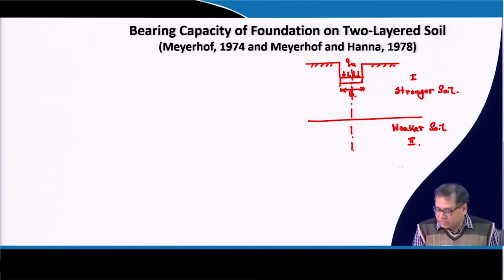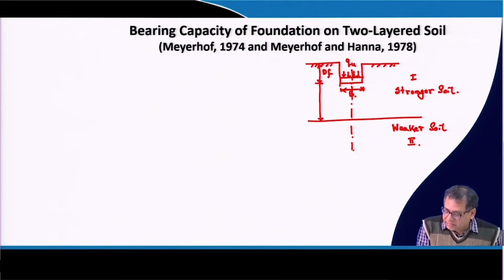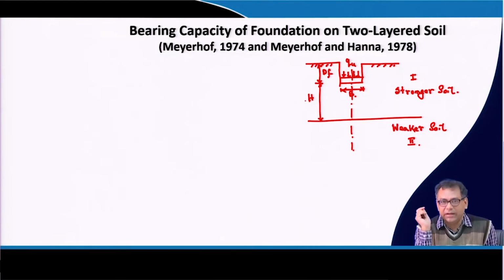As your lower layer is weaker, if this is your depth of foundation Df and this H is the thickness of the stronger layer below the foundation, then if the H value is very high, all the foundation failure zone will be in the stronger layer.